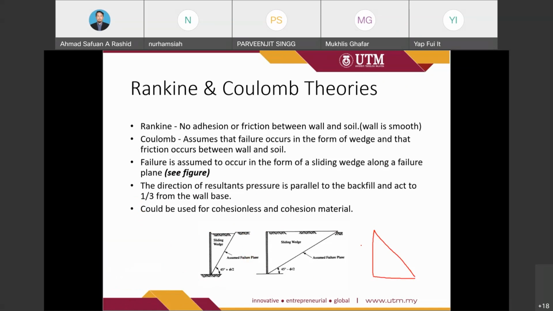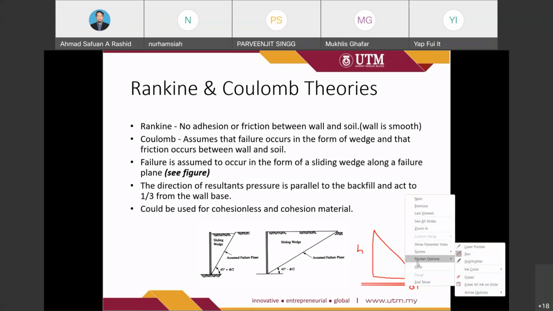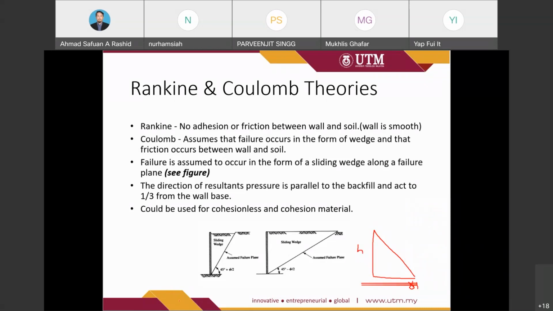So this will be the H, and to obtain the effective vertical stress, the unit weight of the soil should be multiplied with the height, and then we should apply the KA or KP.